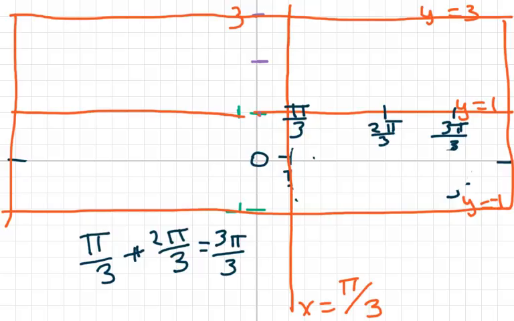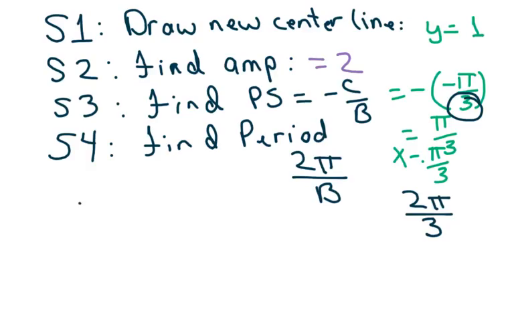Now, I had to draw the phase shift. So they want you to draw, we're going to end here at 3 pi over 3. I'm going to draw this line. So basically, I am working within this boxy area here. I'm going to take this back out. And I'm just working in this little box here. And I'm going to draw, because step 5 is to draw the characteristic curve.